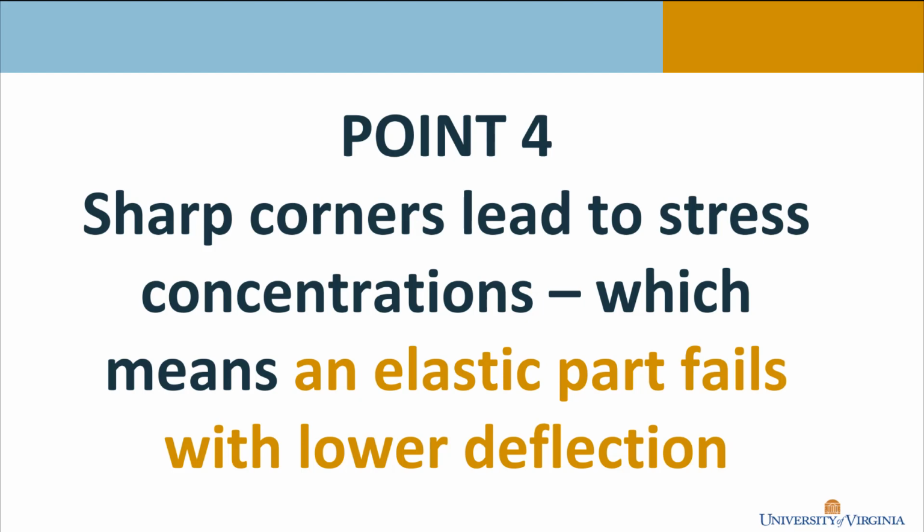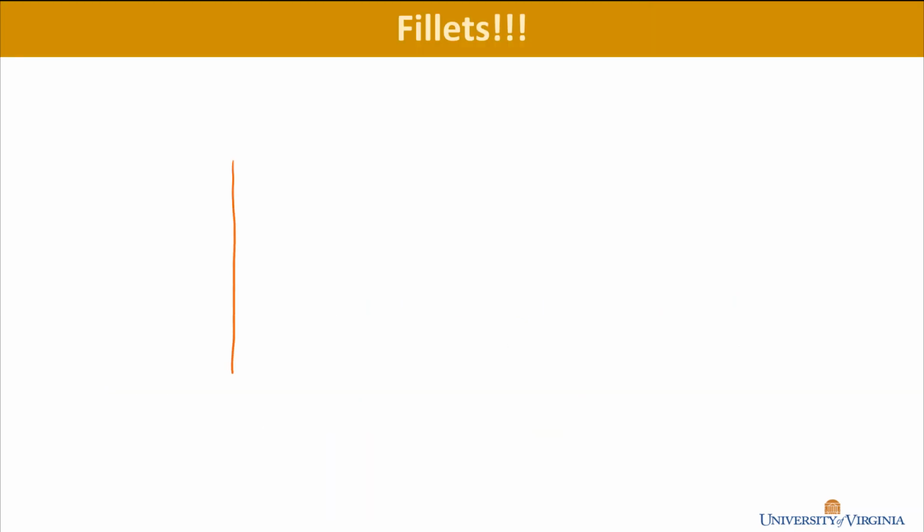And if you had rounded corners, that means that your elastic part can have more deflection and not fail. So here's a pretty simple example where you have this blue part that could be pushed in to the orange one, and you can see how the snap fit might work in that case.